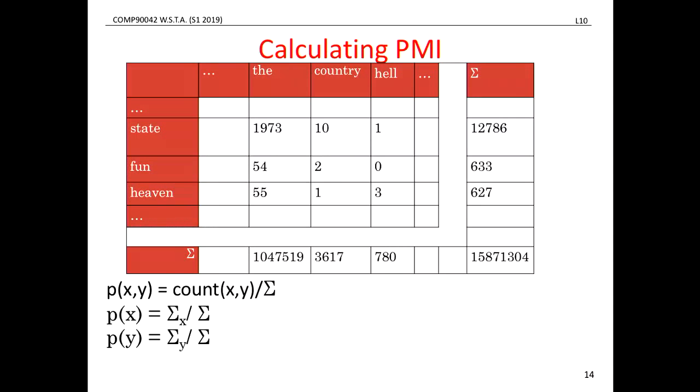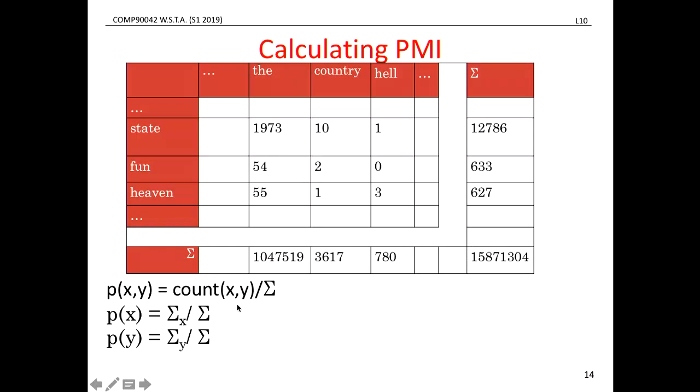Anyway, I'll show you an example of it in practice. So in this example where we had the country, hell, state, fun, heaven example, these are of course all fictional numbers, but the idea is that we sum up all the instances and work out that there are this many words in total in our entire corpus, which would be the sum of all of these numbers.